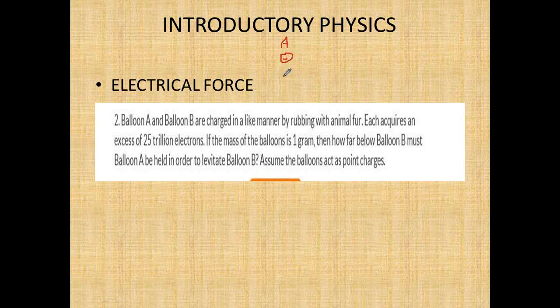So again, they didn't give you the charge. They give you the amount of electrons.